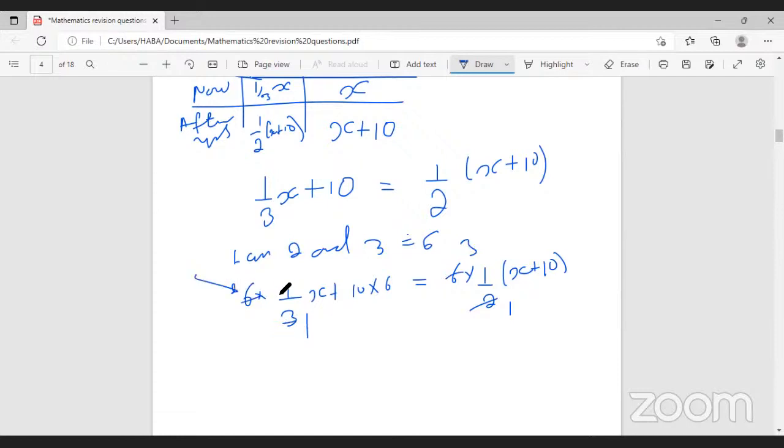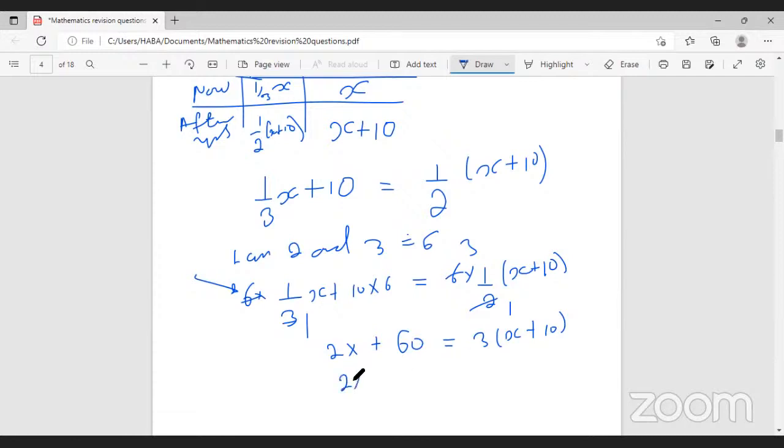So that this becomes 2 times x, which is 2x, plus 10 times 6, which is 60, is equal to 3 into x plus 10. So we open brackets on our right-hand side.